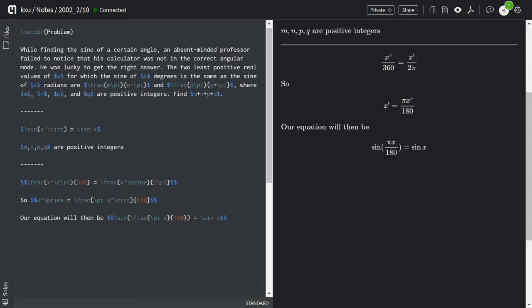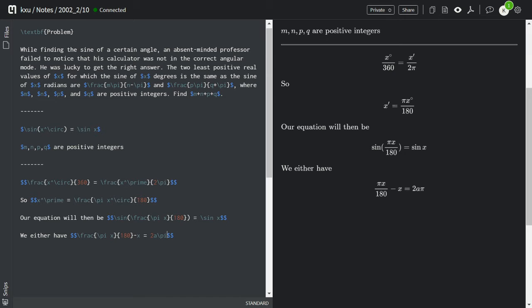Okay. And this is a situation where we have sine A is equal to sine B, and we want to find the relations between A and B. In which case, and you should already know this, we either have pi x over 180 minus x is an integer multiple of 2 pi, so 2a pi.